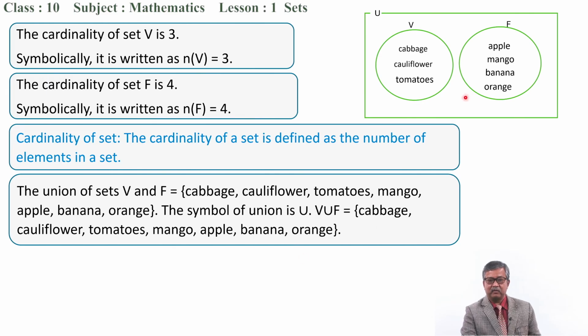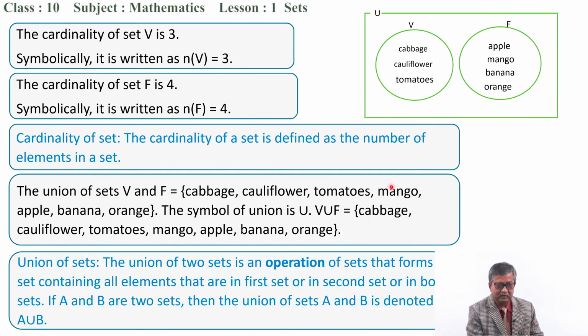And what type of sets are these two sets, please? Yes, these two sets are disjoint sets, isn't it? So the union of two sets is an operation of sets that forms a set.